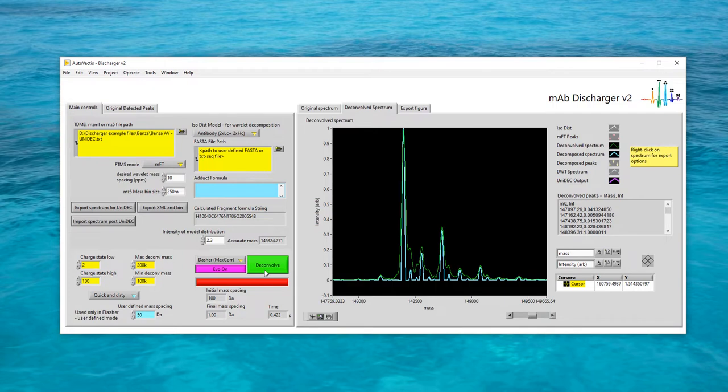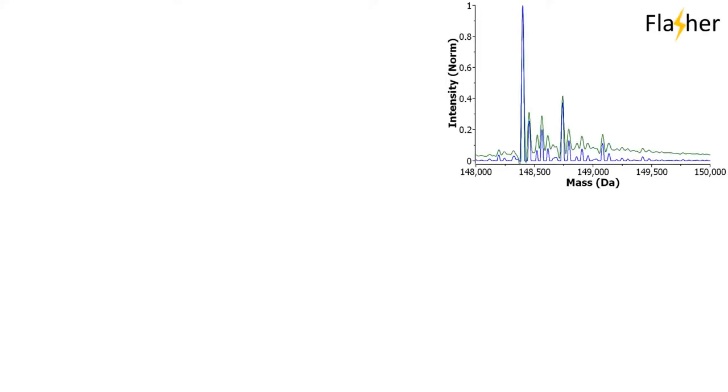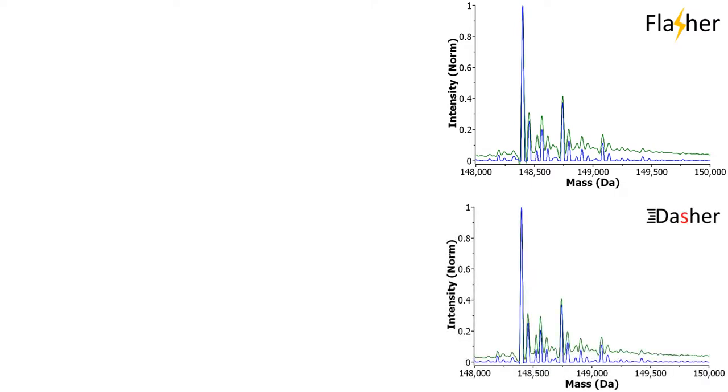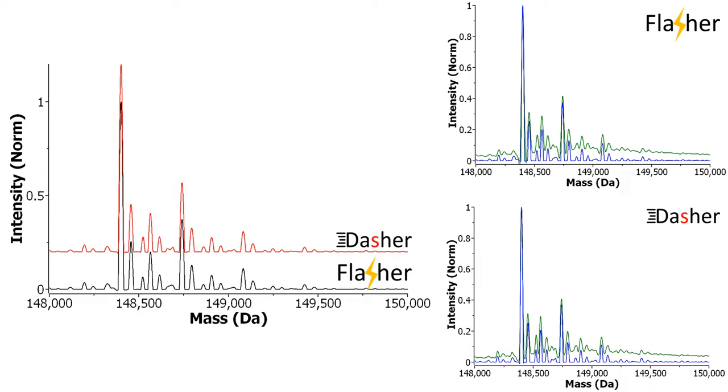So because the differences are really subtle, let's look at them in a little more detail. Here's the result of processing the data by the Flasher algorithm. And here's the result of processing the same data by the Dasher algorithm. And here I'm showing the wavelet decomposed spectra produced by both methods.